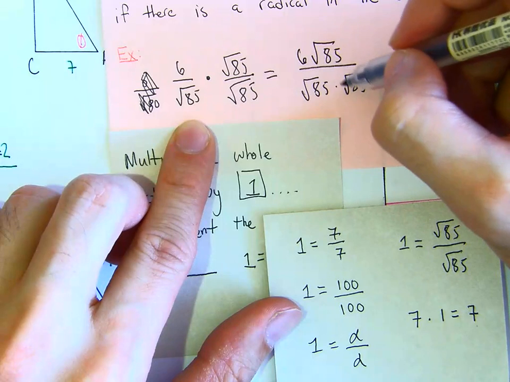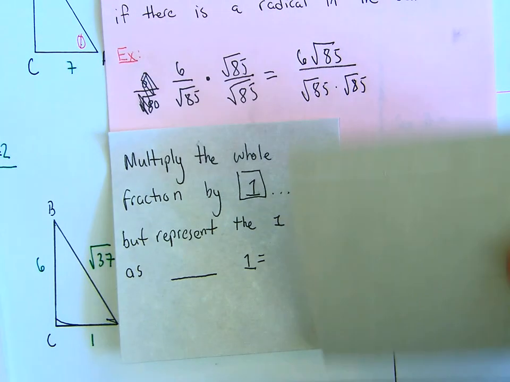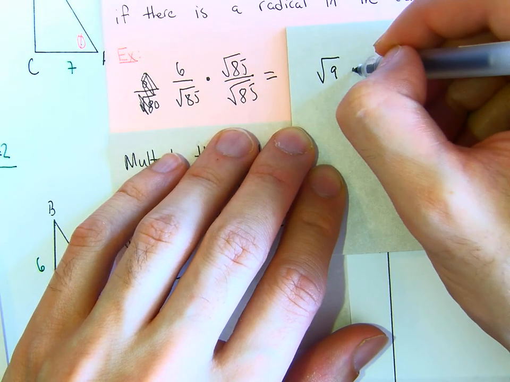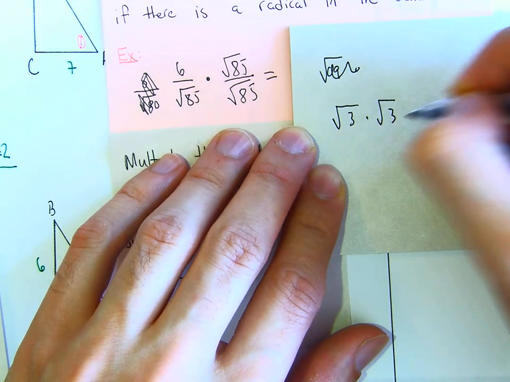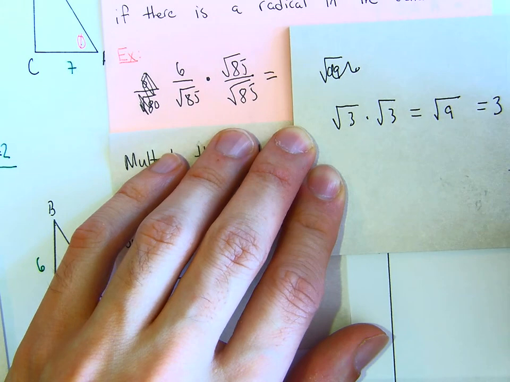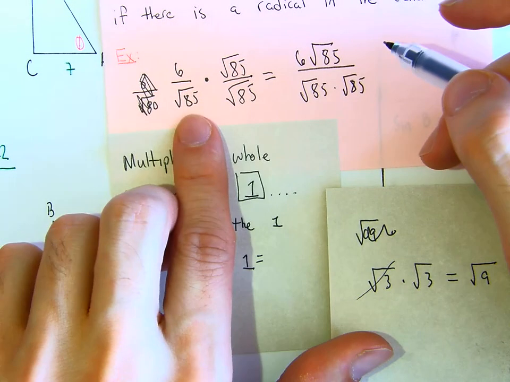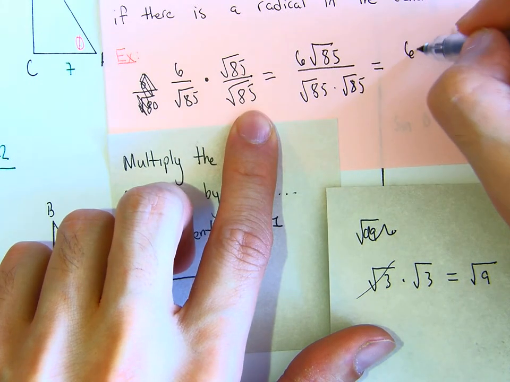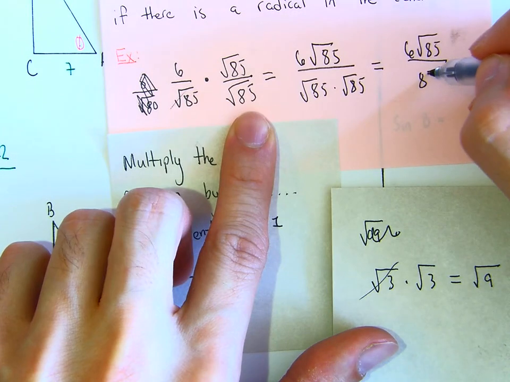Now here I'm being a little extra, because let's say I have square root of 3 times square root of 3. Well, that's equal to the square root of 9, or it's just 3. The idea is it just cancels the radical. And that's what's happening here. What's the square root of 85 times the square root of 85? It cancels the radical, and it's just 85 on the bottom.